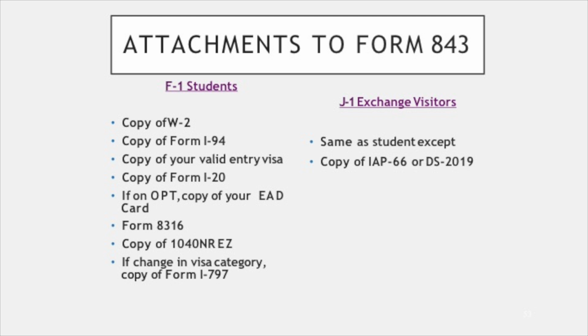A copy of the 1040 NREZ tax return that you filed. And if you had a change of visa category, then the Form I-797. J1 exchange visitors, same information as the F1, all of those forms, plus a copy of the IAP 66 or the DS 2019. All that's put together with 843 claim form.